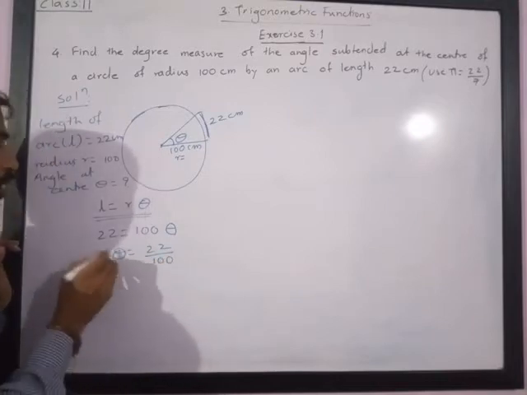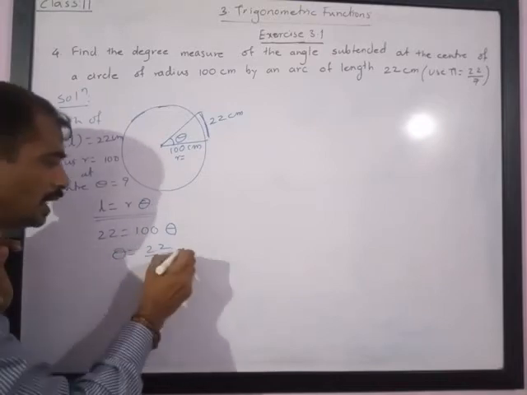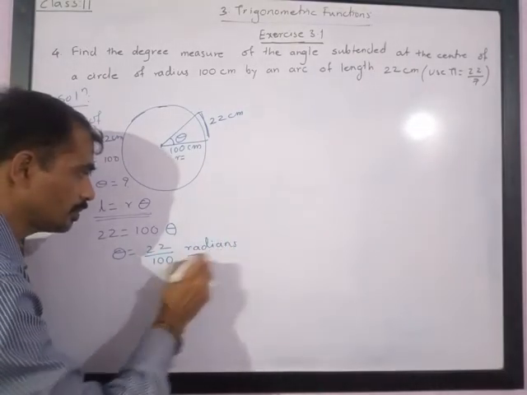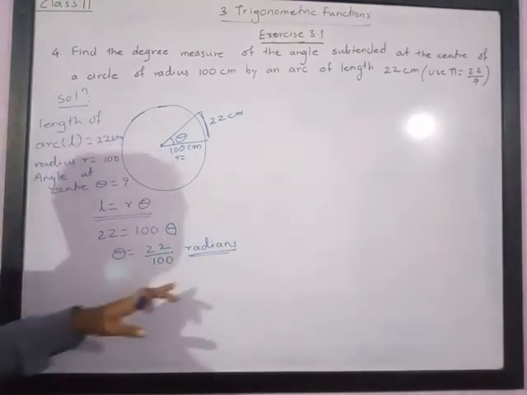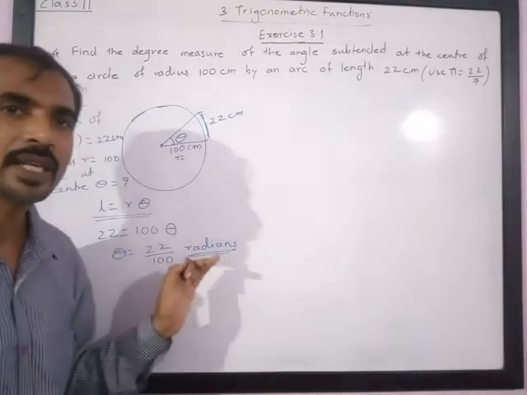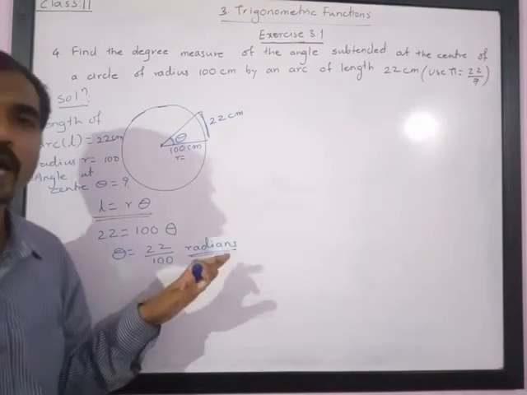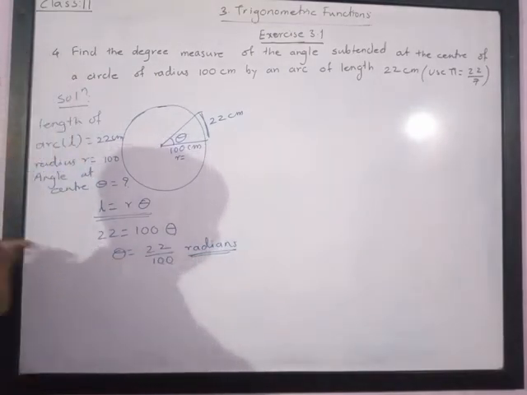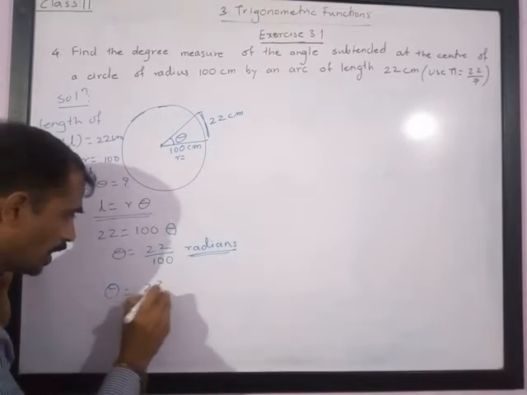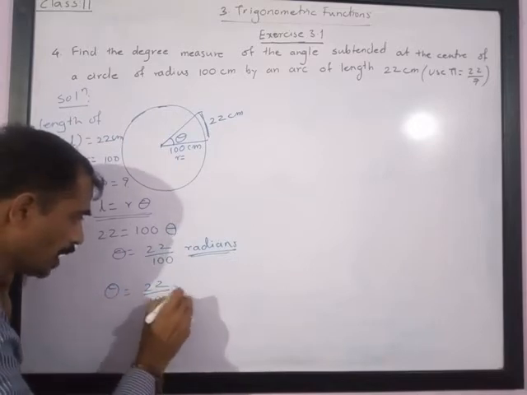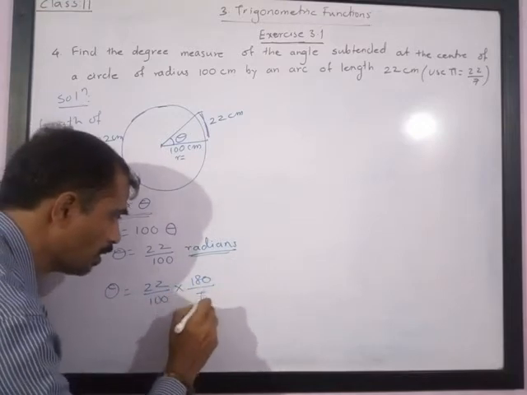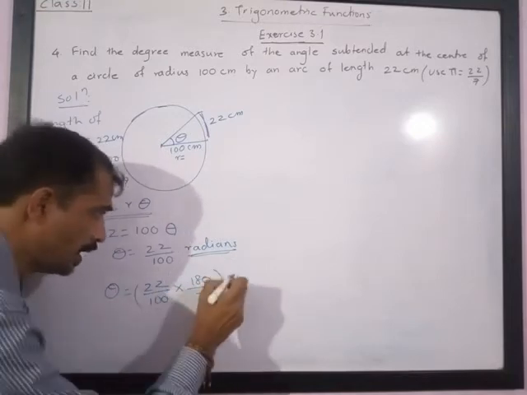Now we have got this theta in radians. We have already studied that if you want to convert radians into degrees, then we have to multiply by 180 upon pi. So theta is equal to 22 upon 100 multiplied by 180 upon pi degrees.